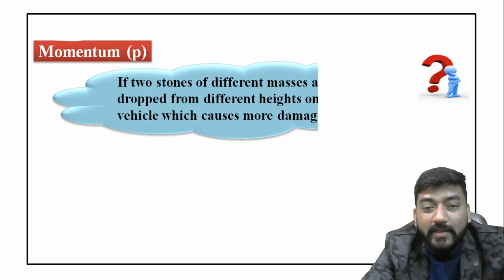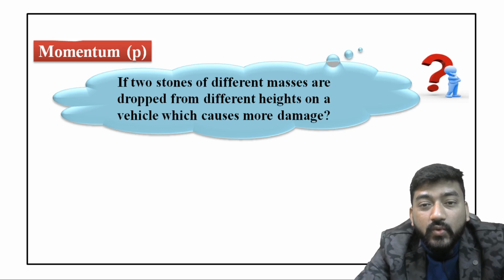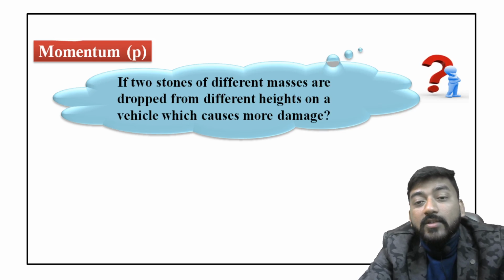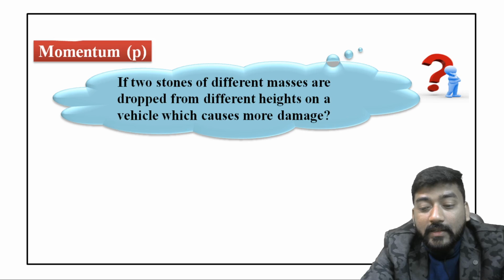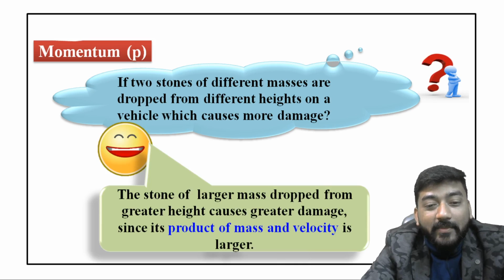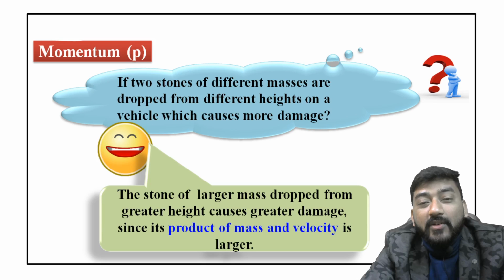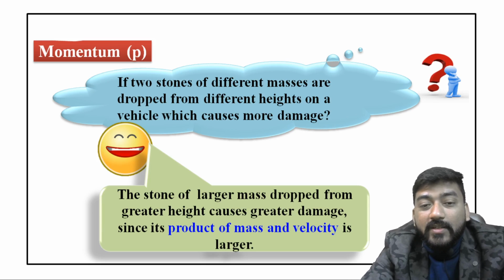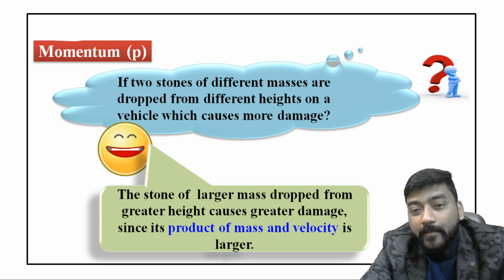So let me raise the next question: if two stones of different masses are dropped from different heights on a vehicle, which causes more damage? You can see that the stone of larger mass dropped from the greater height causes greater damage, since its product of mass and velocity is larger. If the product is larger, it will cause greater damage.